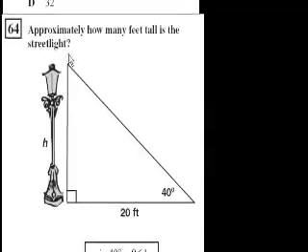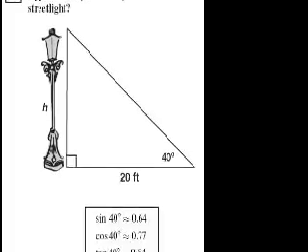Approximately how many feet tall is the street light? Okay. So we can use some trigonometry here. We know this angle, and they give us all of the trig ratios for that angle. We're trying to figure out the height. So if I write SOHCAHTOA, what do we have? What are we trying to figure out?